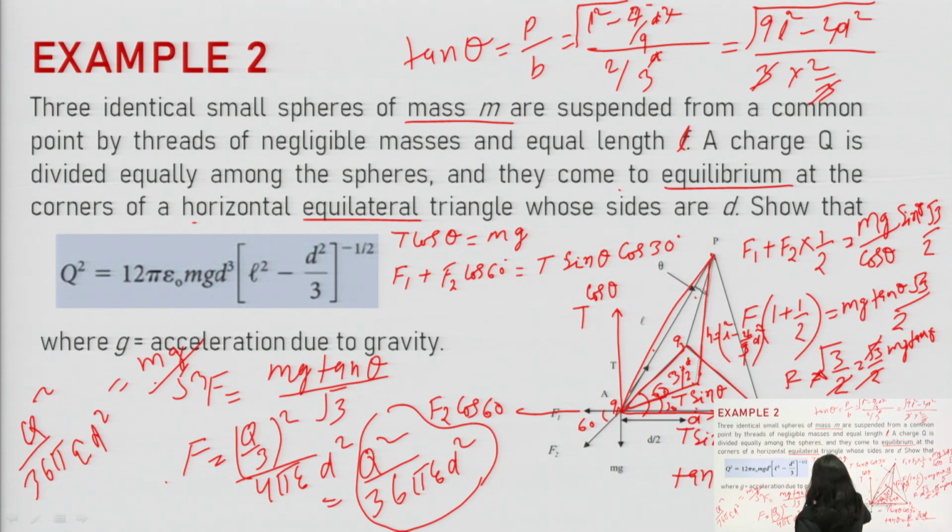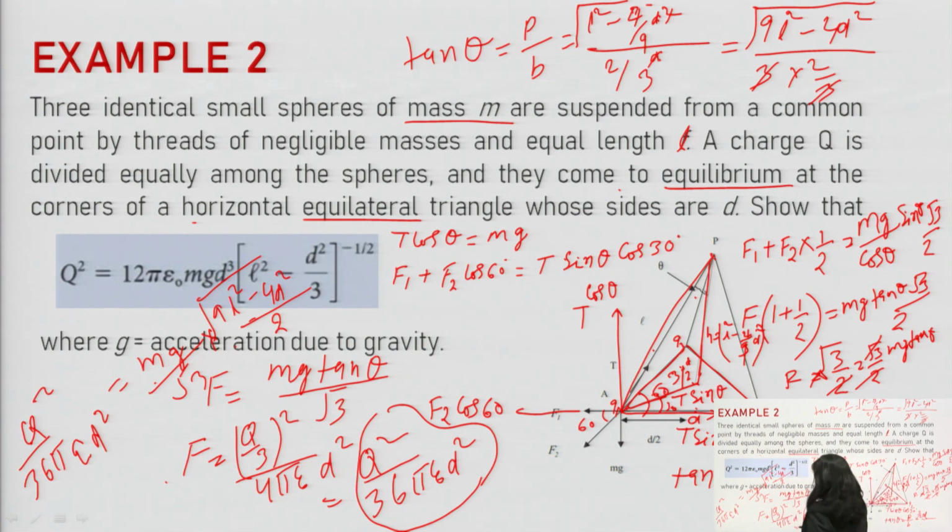So if we write it here, root under 9 L square minus 4 D square, divided by 2.